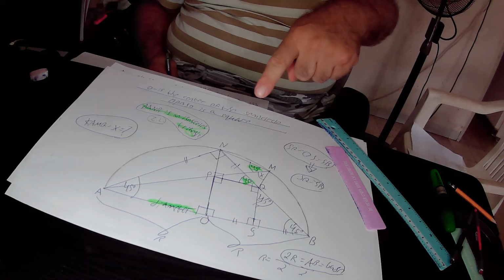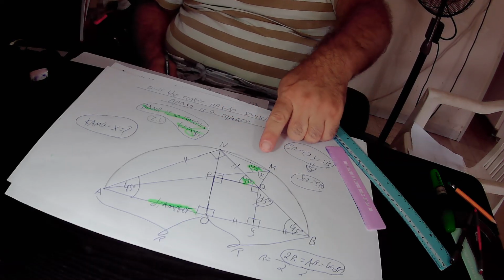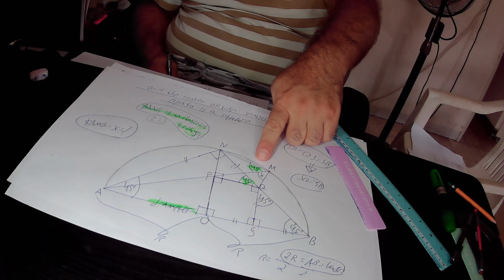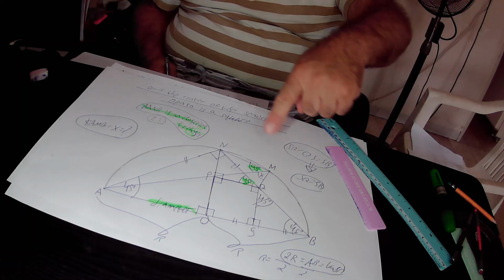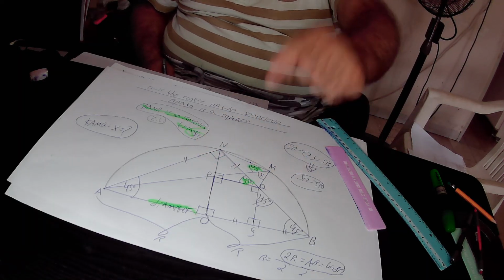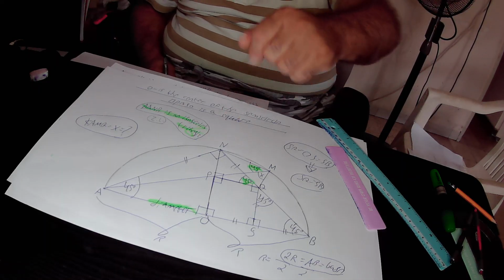So we have here angle PMN equal to 45 degrees in its size, and it subtends the base PN. Likewise, we have angle NQP that is also equal to 45 degrees in its size, and it subtends the same base NP.